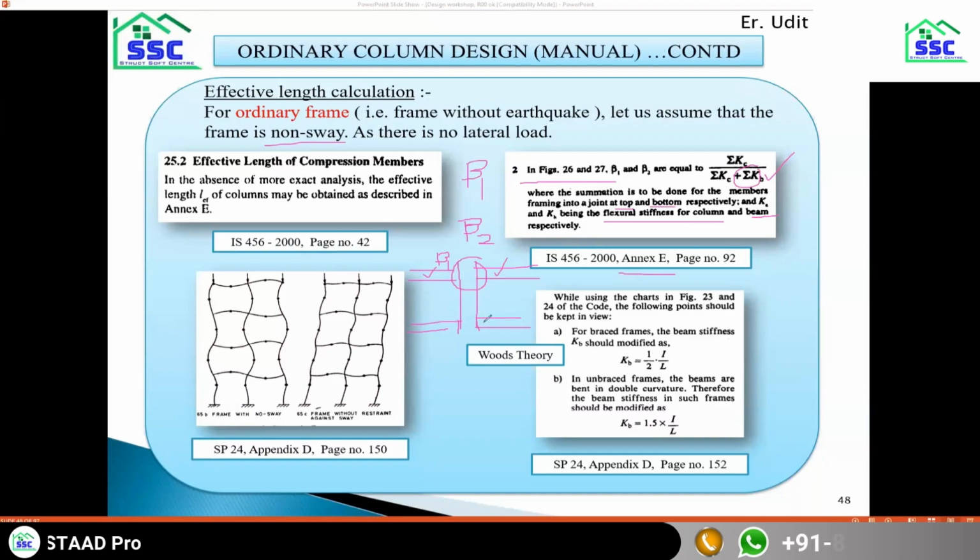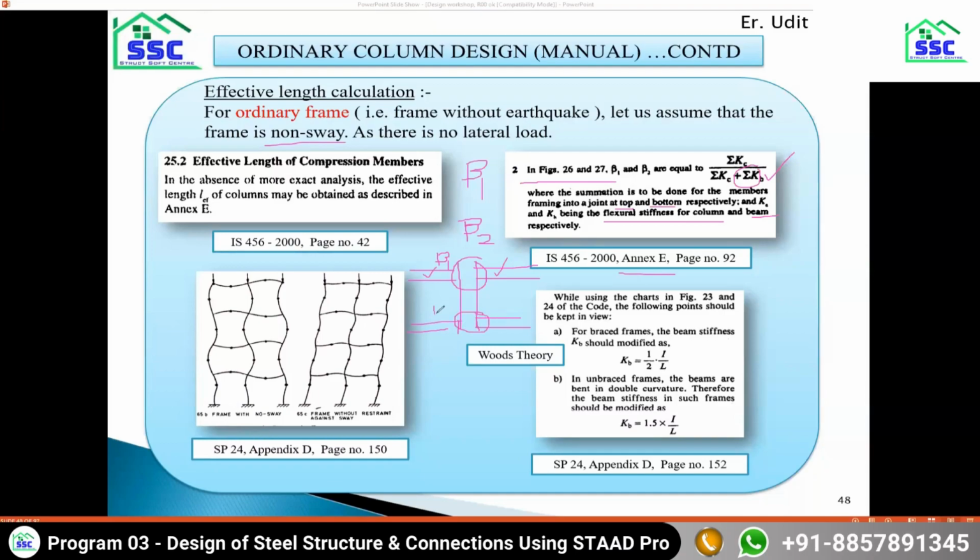And this junction will be used in the calculation of beta 2. So the data of beams at the lower story, or the bottom end of the column, will be used in the calculation of beta 2.